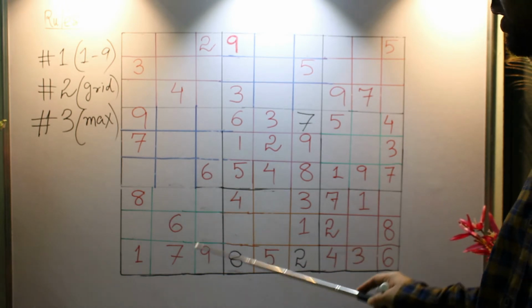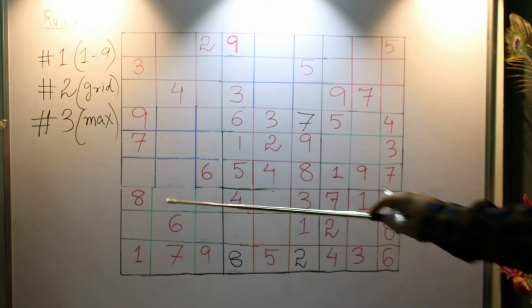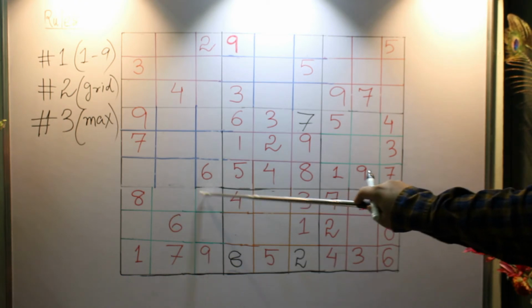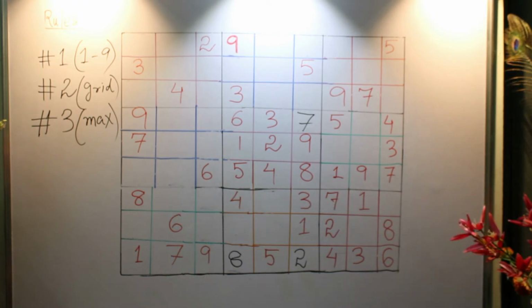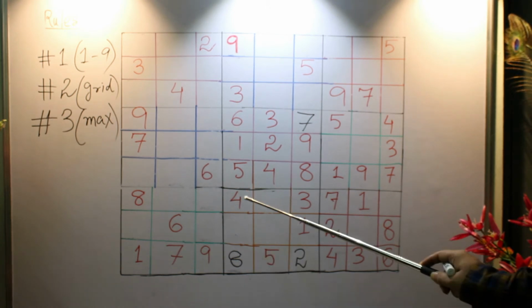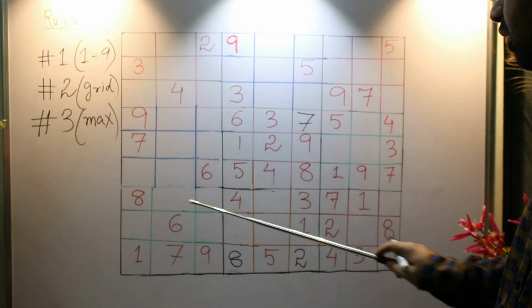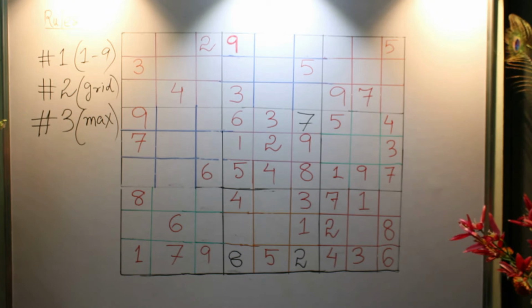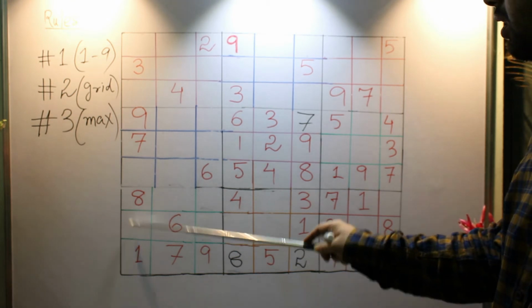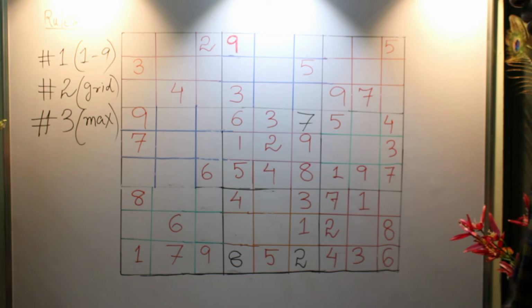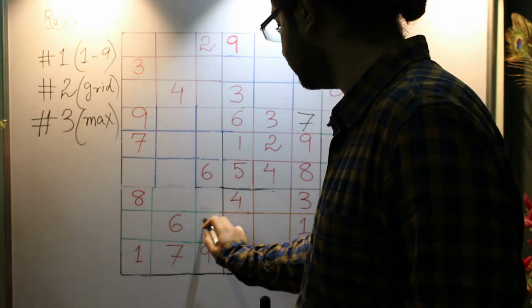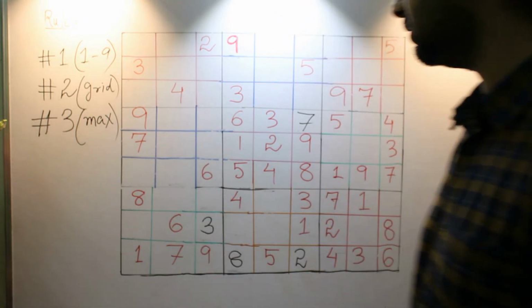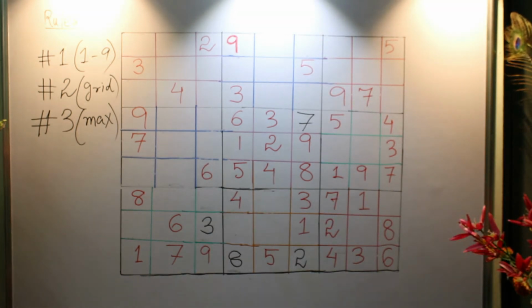Now come to this grid. You cannot place 4 anywhere in these two boxes because of this 4. And let's start with 3. You cannot place 3 here in these two boxes because of this 3. Similarly, you cannot place 3 here because of this 3. Now the only place where you can place 3 is this. Now once 3 is done, let's try with other numbers.